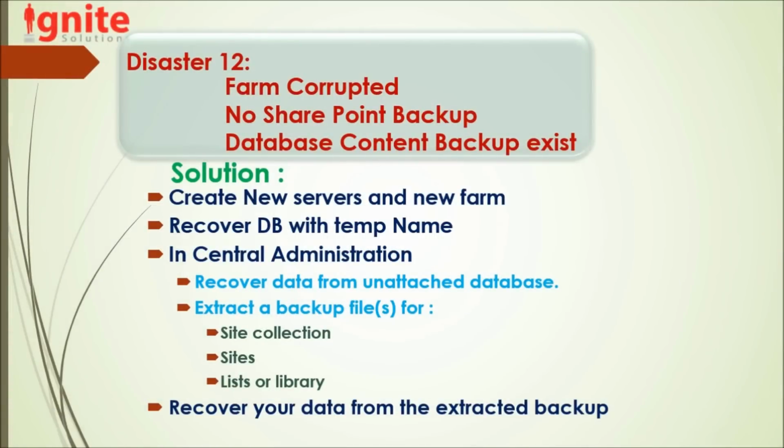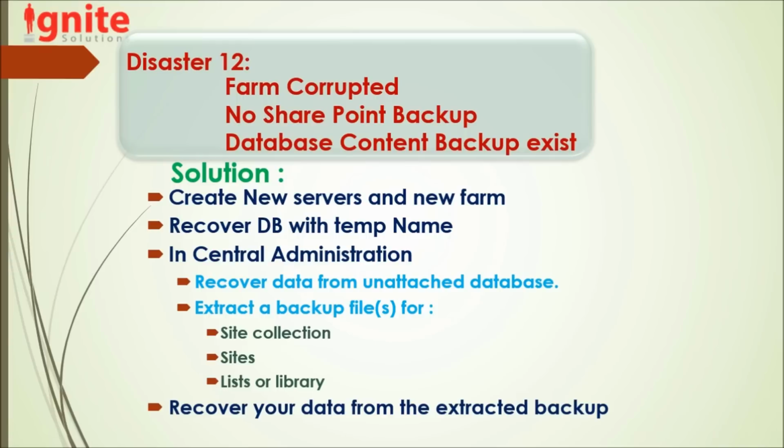Disaster 12. Farm corrupted. No SharePoint backup. Database content backup exists. Let us go to this situation, complicated but it might happen. Now suppose your farm has corrupted and your backup of SharePoint is not around, or you found it corrupted and you have only your content database backup.